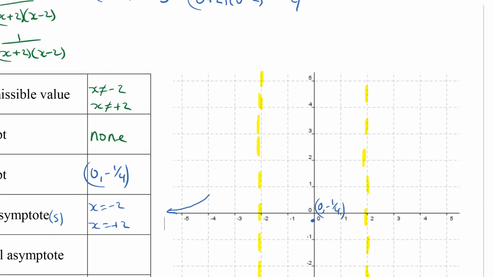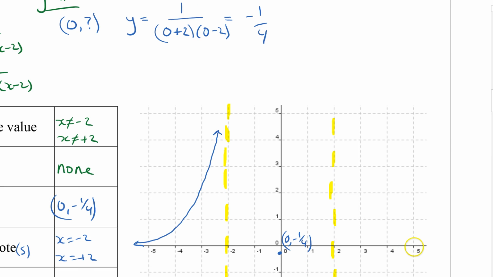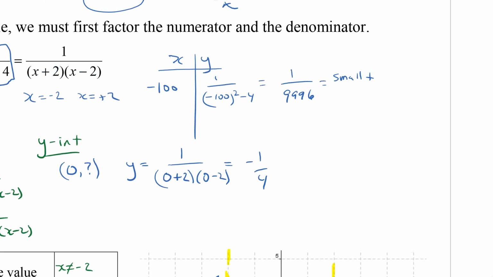Now, looking at the asymptote, we realize that it's not going to be crossing the x-axis anywhere. So I know that it's going to take this shape like that. Okay, and I guess if I check for the other, as x gets very, very large, so we'll do a second example. If I say x is equal to +100 now, I will get the exact same thing.